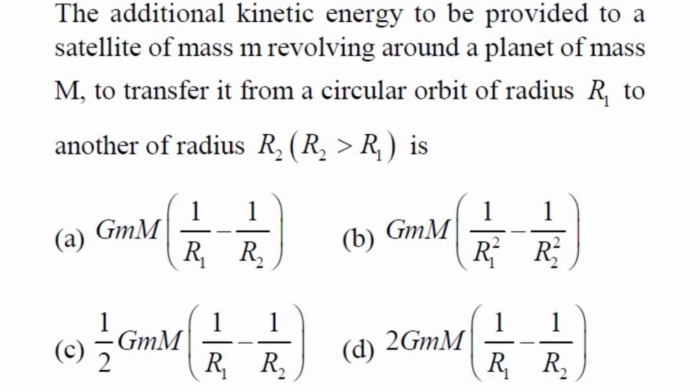The additional kinetic energy to be provided to a satellite of mass m revolving around a planet of mass M to transfer it from a circular orbit of radius R1 to another of radius R2, where R2 is greater than R1, is.